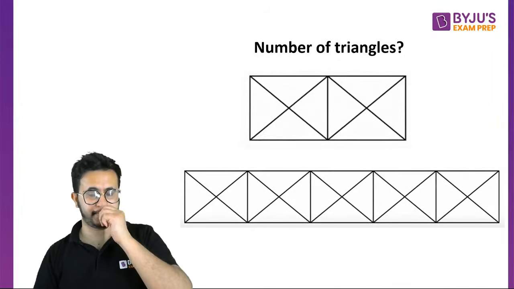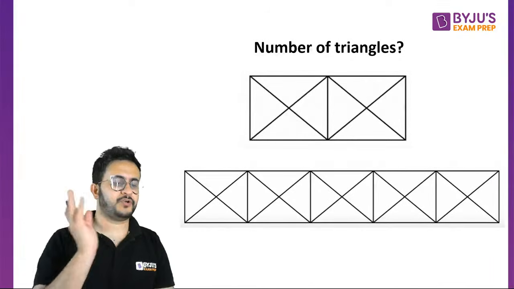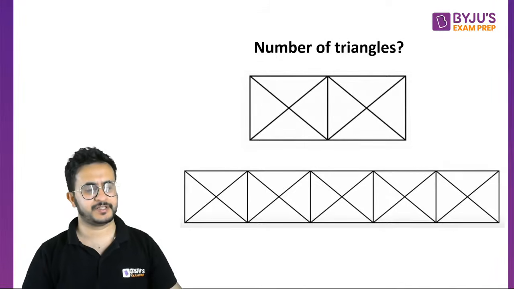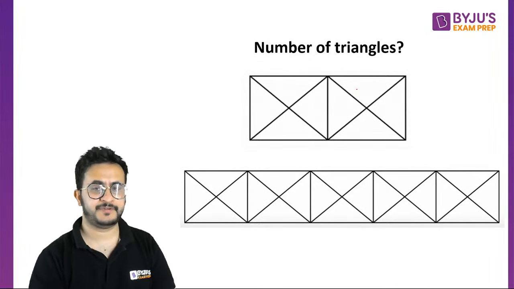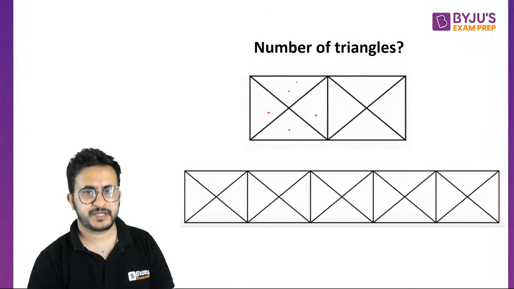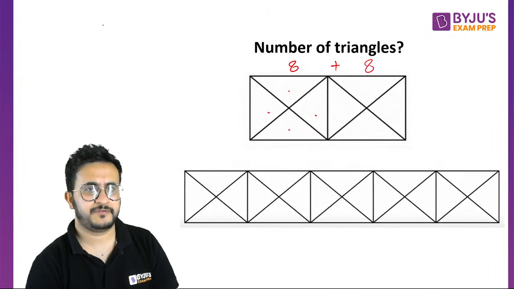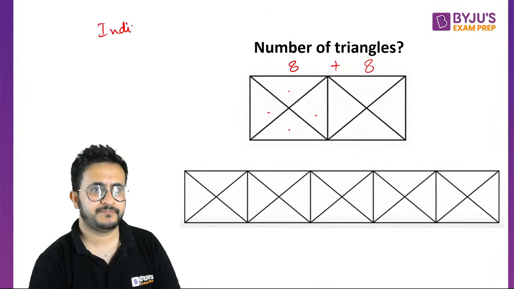So how do we find the number of triangles in this or any other scenario wherein multiple figures are involved? First of all, we count the number of triangles in individual elements. So we know that this has 8 triangles. This also has 8 triangles.